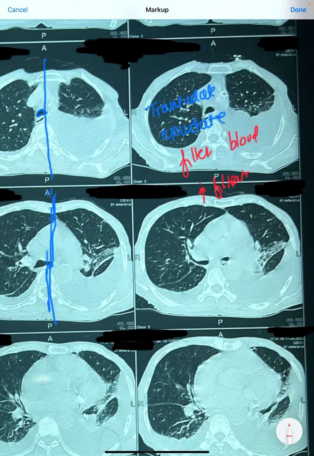So this transudative is basically most of the time a systemic phenomenon, whereas exudative is basically where there has to be some local pathology, like some cancer, some lesion, some infection, a pneumonia patch, or a trauma.